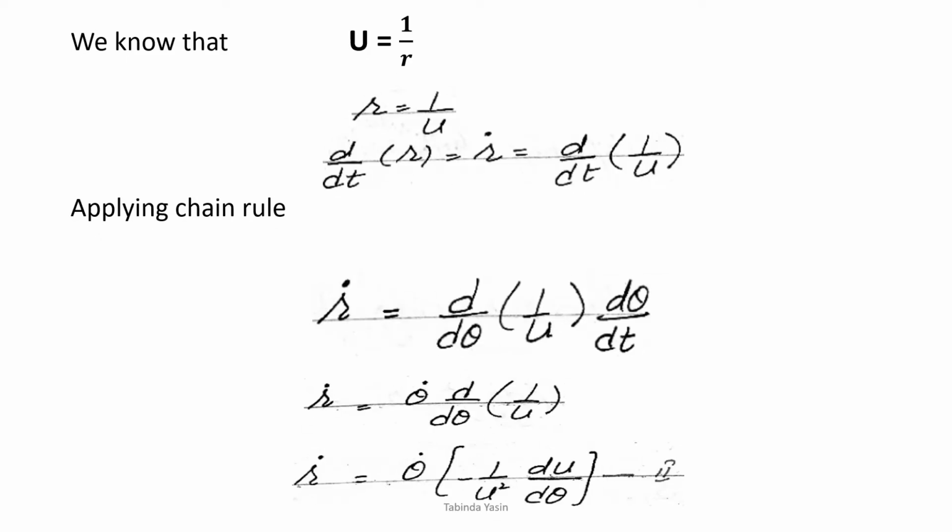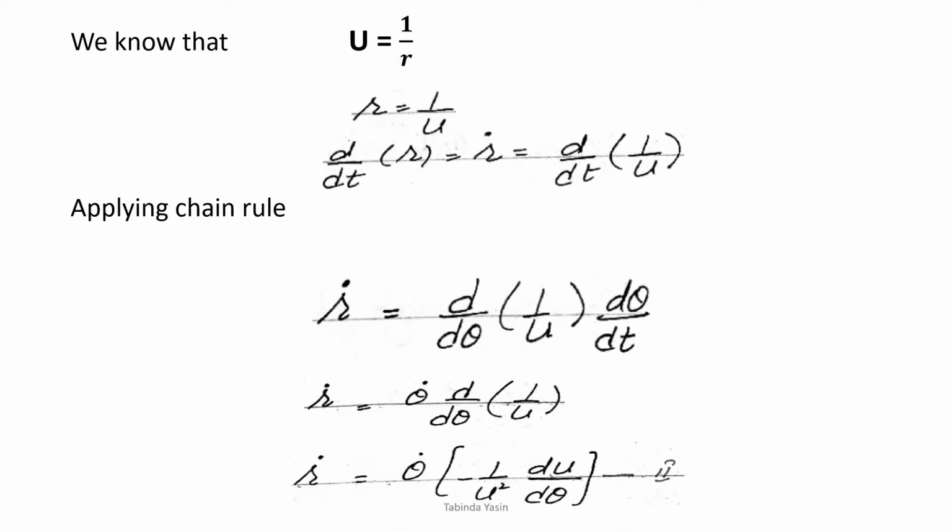Giving that equation number 2, and substituting the value for theta dot, that equation r dot is equal to theta dot into minus 1 over u square du over d theta, bracket close, is given the equation number 2.